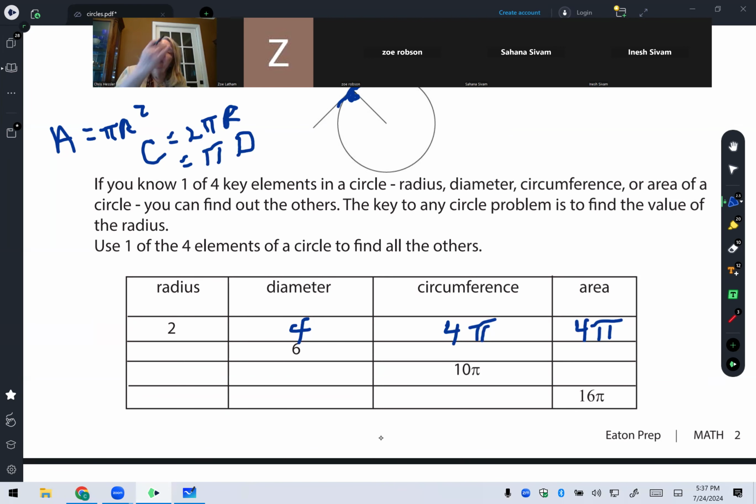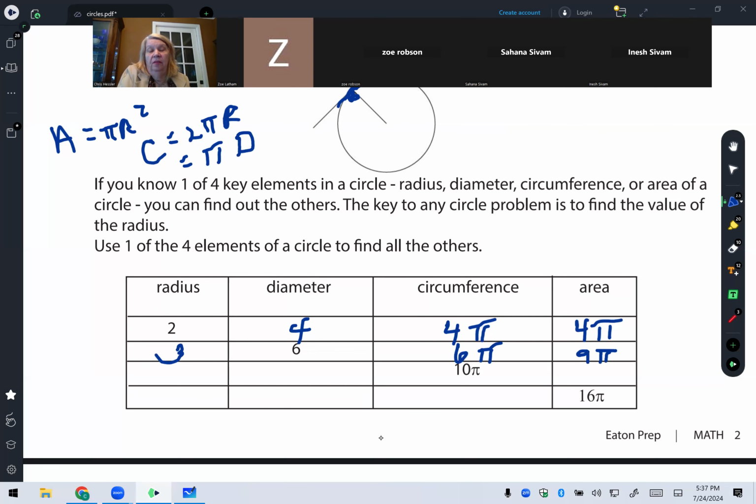This is our very intelligent group. So if the diameter is 6, the radius is 3, the circumference would be 6 pi, and the area would be 9 pi.